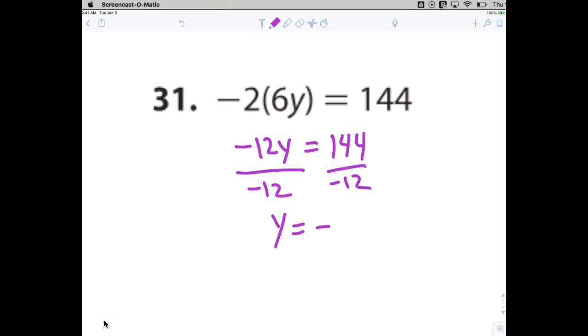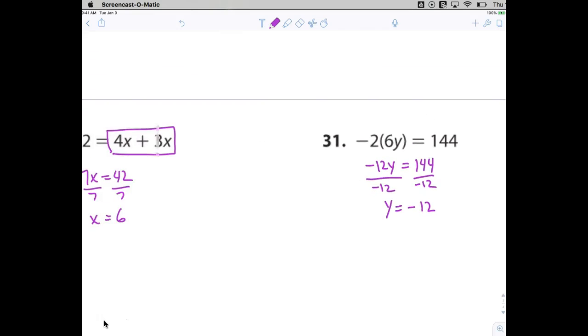So y equals negative 12. No, they're just asking for what would y be. You hear me? That's all they're asking.